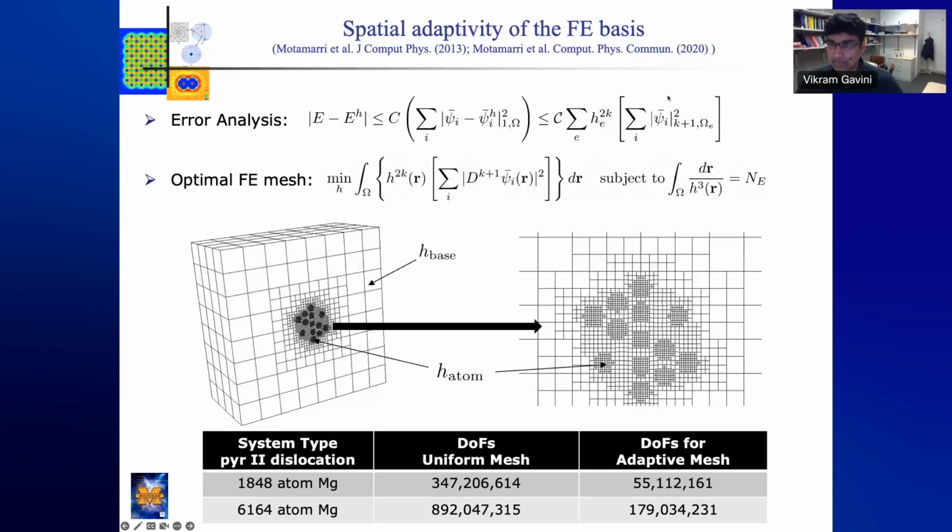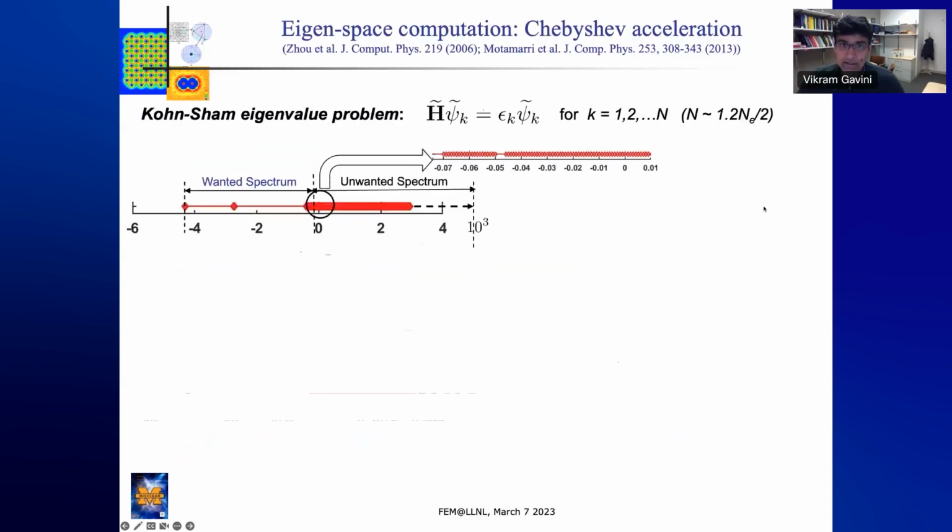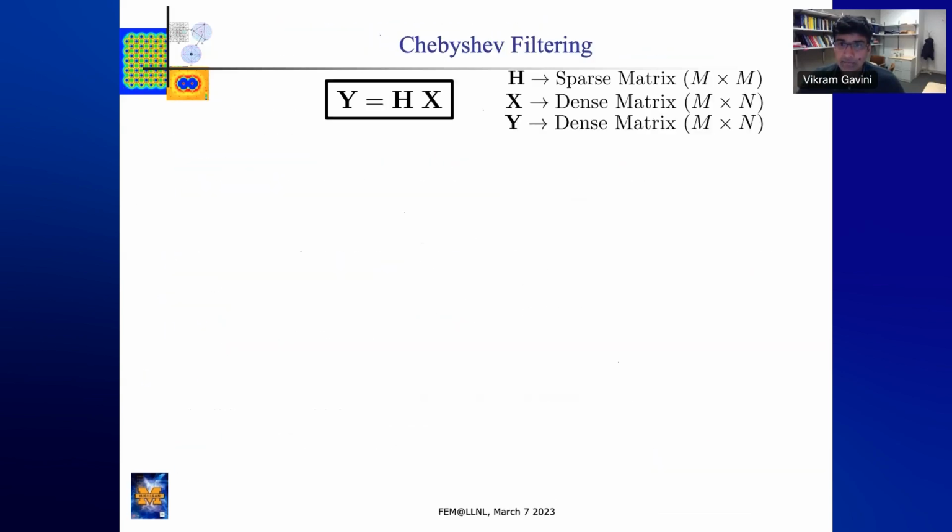Oh, that's interesting. I thought that with these operations, you are mostly compute bound. So you also have a memory bound? Yeah, because, as I was mentioning, if I go to the slide, when we're doing this operation, this is a dense matrix, and M can be of the order of hundreds of millions, and N can be of the order of tens of thousands.